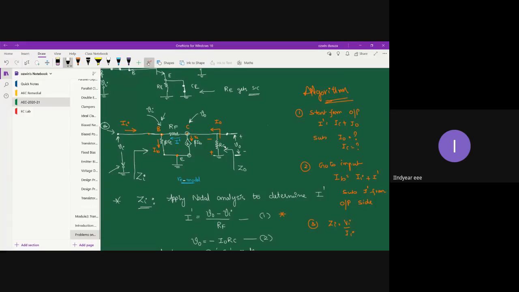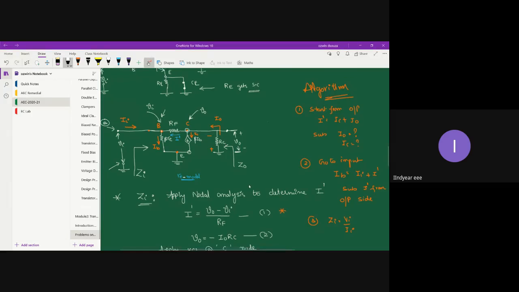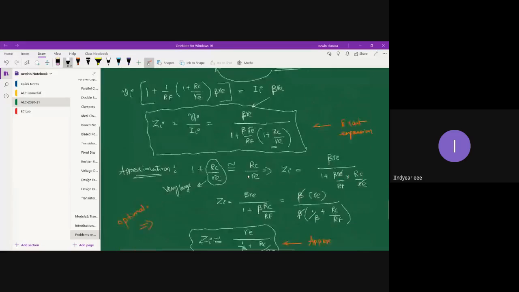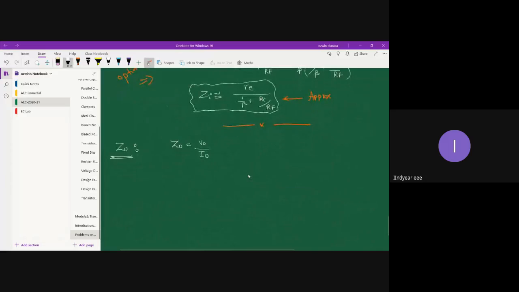Instead you need to find Z0 through circuit analysis. So let's find Z0 through circuit analysis. I hope you understand why I'm not considering Z0 as RC, because to the same collector terminal we have resistor RF connected as well.